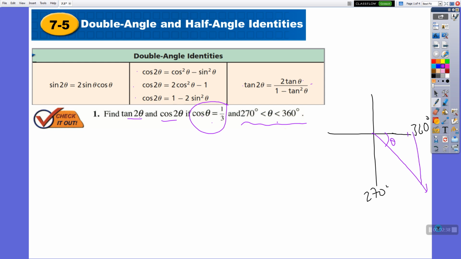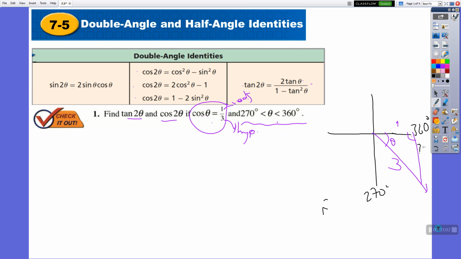Here we form a right triangle as we did before. So cosine is given. Cosine means adjacent over hypotenuse. Your adjacent is 1. Hypotenuse is 3. You don't know what your opposite side is. Use Pythagorean theorem.